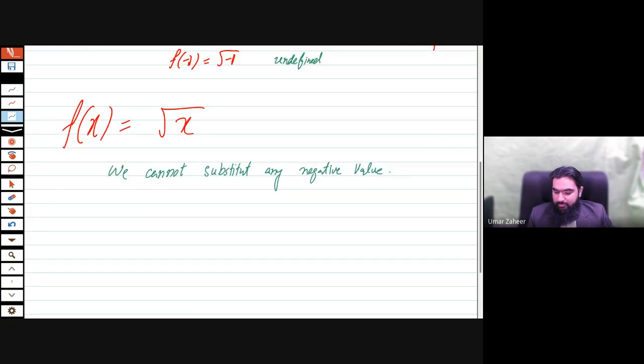So the domain of the function is x greater than or equal to 0, meaning in this function you can substitute only those values that are positive or 0.